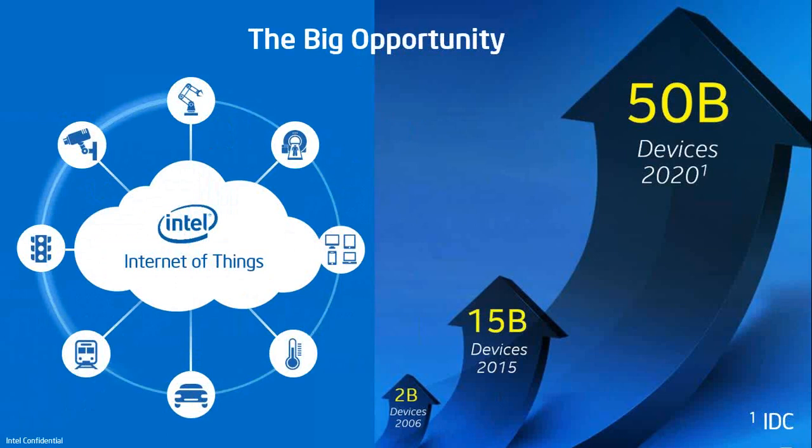The IoT, the Internet of Things, I don't think anyone debates that there is a huge opportunity there. The number you see here, 50 billion connected devices by 2020, is an estimate from the analyst firm IDC. This is one of the numbers that runs out there.